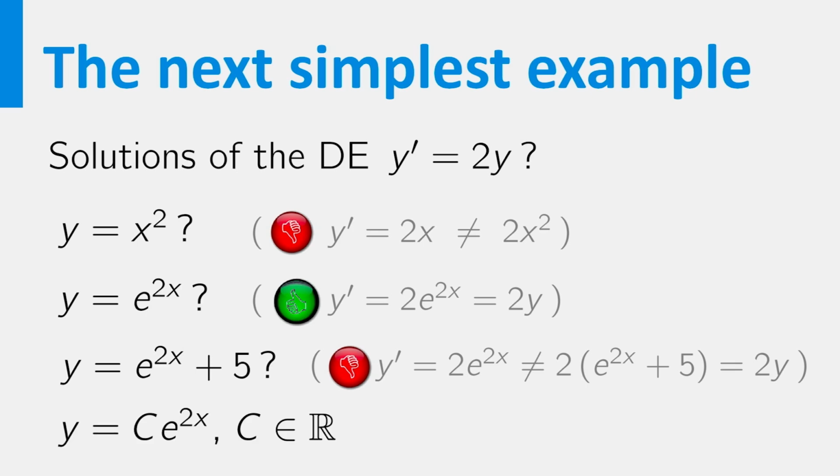The derivative of c times e^(2x) equals 2 times c times e^(2x). In fact, all solutions are of this form. So the general solution is y = c e^(2x) for an arbitrary c.